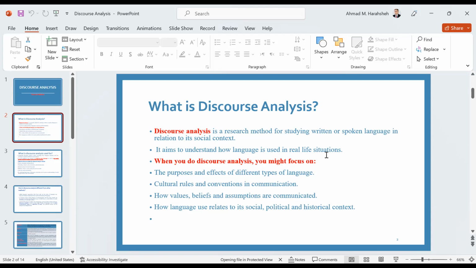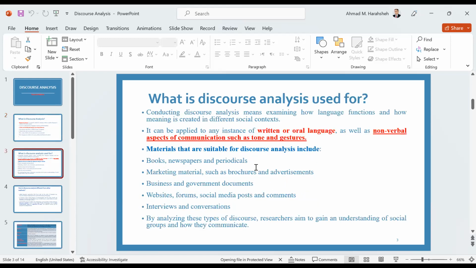What is permissible, what is acceptable, what is unacceptable in a certain social setting. We know, for example, and we acquire this from our parents and from the environment in general: Wallah, this is a shame, don't say that, you have to say that. Okay, yeah.